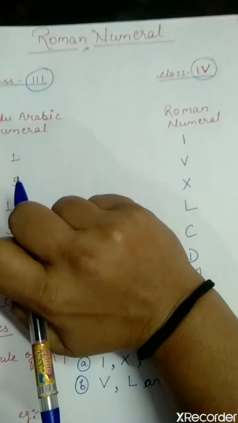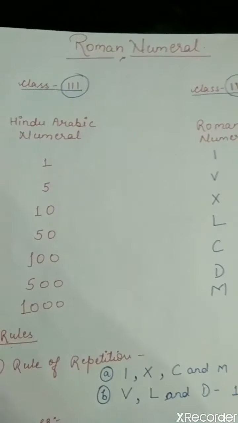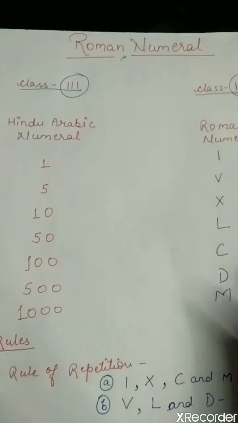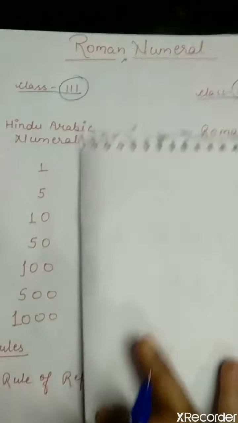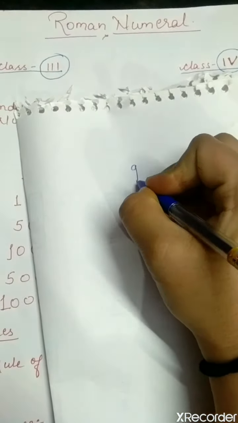You people know that a number we can write in many ways. First is the Hindu Arabic numeral, which we are learning from childhood, that is 1 2 3 4, the straight way. Then another one is Hindi counting, where we write 1, then 2, like this.